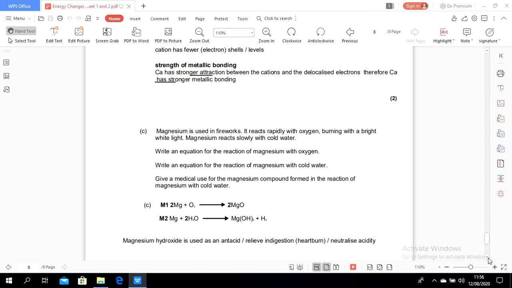In the Indonesian market, we see Promag and also Milanta. Those two, Milanta and Promag, are called antacids. They contain metal hydroxide that can neutralize the acidity in the stomach. Okay, so this is the discussion of energy change in chemistry worksheet 2.